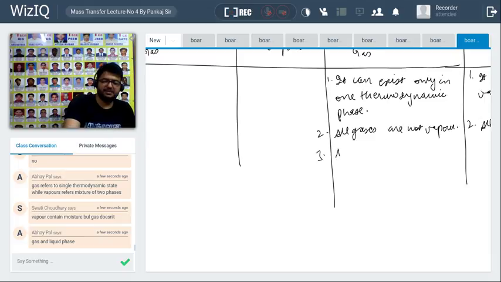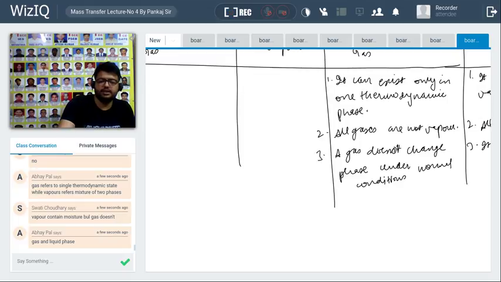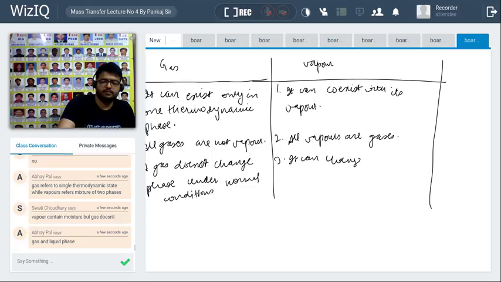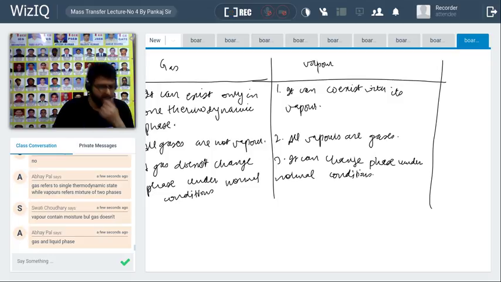A gas does not change phase under normal conditions, but a vapor can change phase under normal conditions.